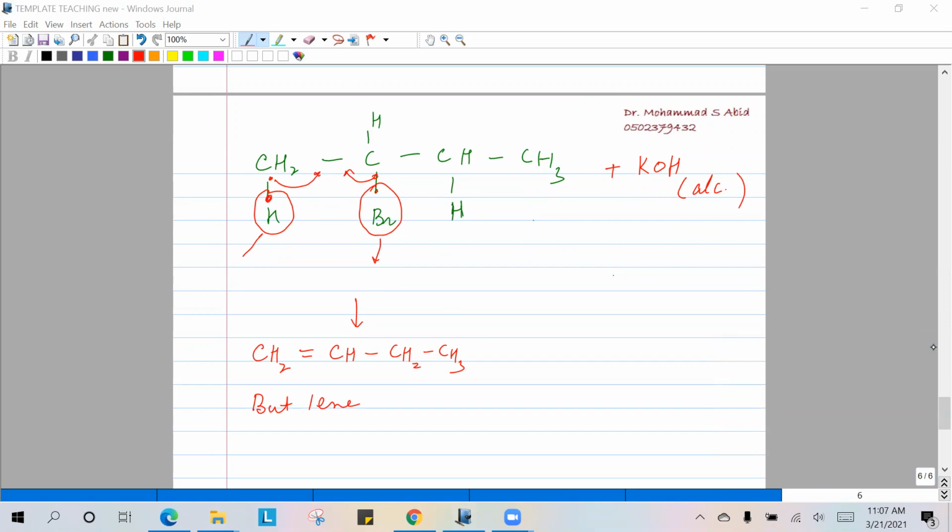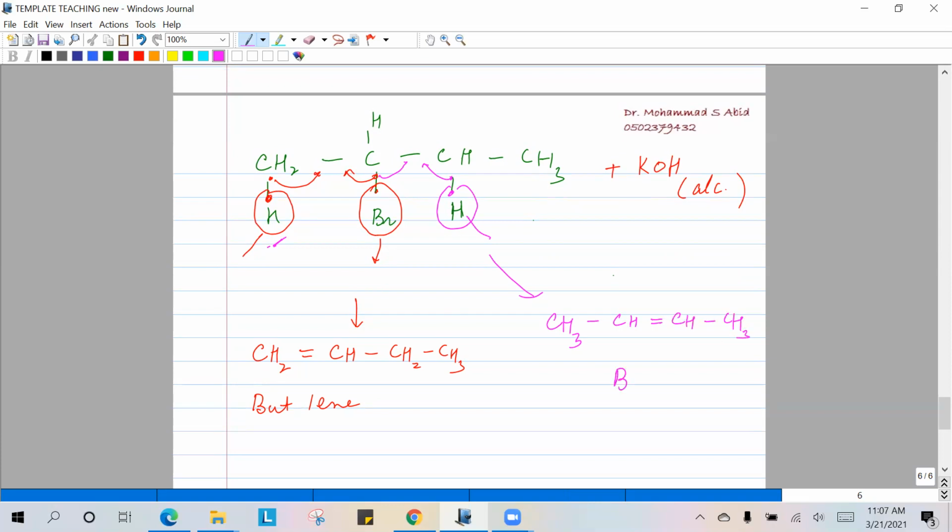But if, instead, this hydrogen goes out, the electrons will come over here, and you will end up with CH3. This remains unaffected. This will be CH, but the double bond will be formed between these.